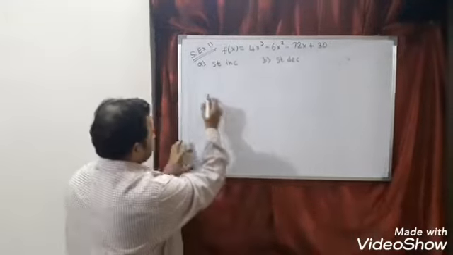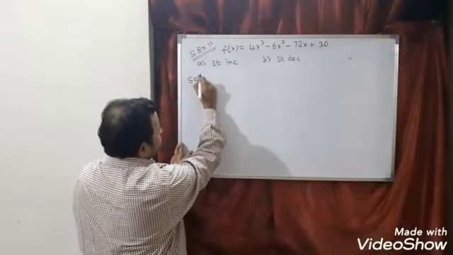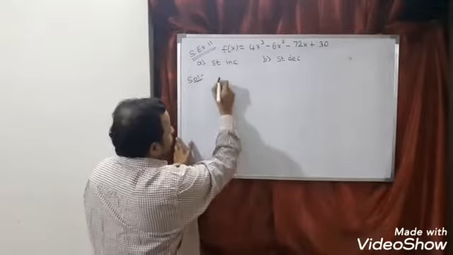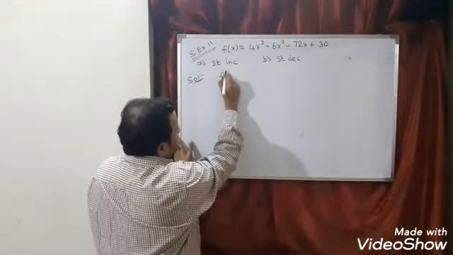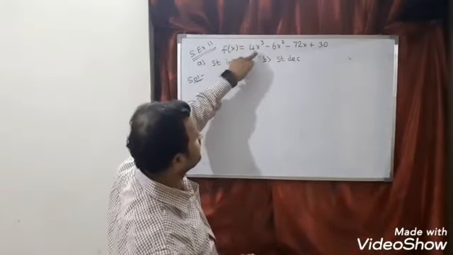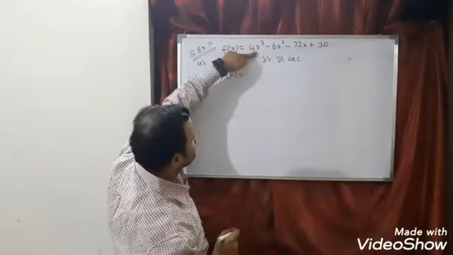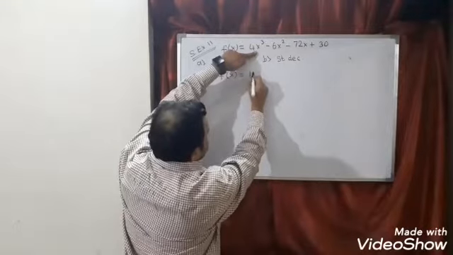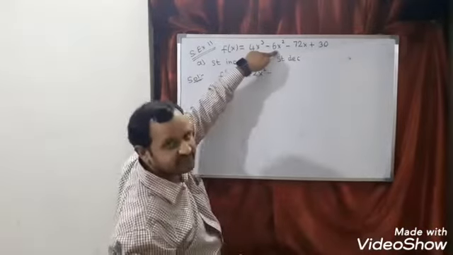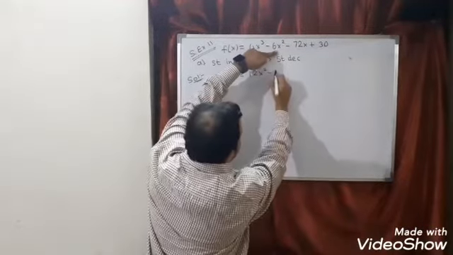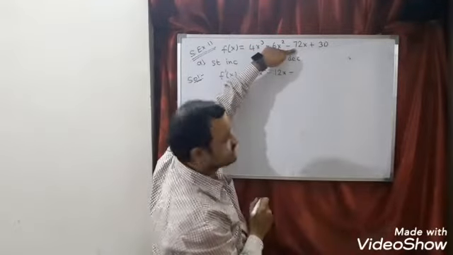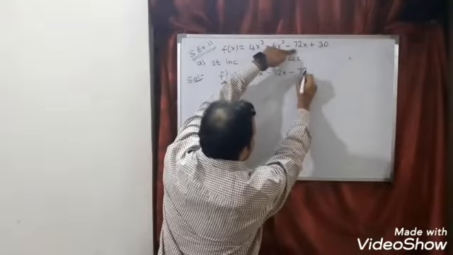Let us see here. Again I am applying the working step. So f of x is given, find f dash x. Now calculate. 4 is constant. Differentiation of x cube is 3x square, so you will get 12x square, minus differentiation of x square is 2x, so you will get 12x, minus differentiation of 72x is 72.